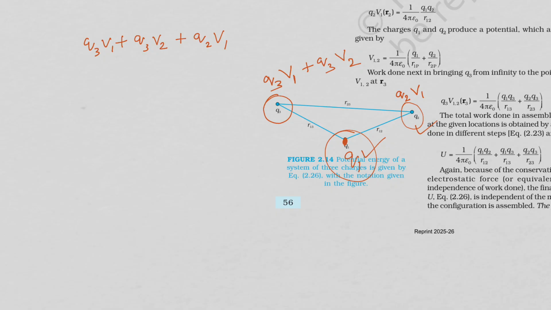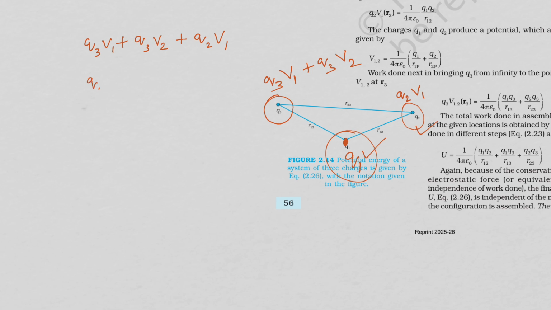Now we know V1. What is V1? V1 for Q3 is actually Q3 times 1 upon 4 pi epsilon naught, V1 is Q1 divided by R13. And Q3 times V2, where V2 is 1 upon 4 pi epsilon naught, V2 is Q2 upon R23.